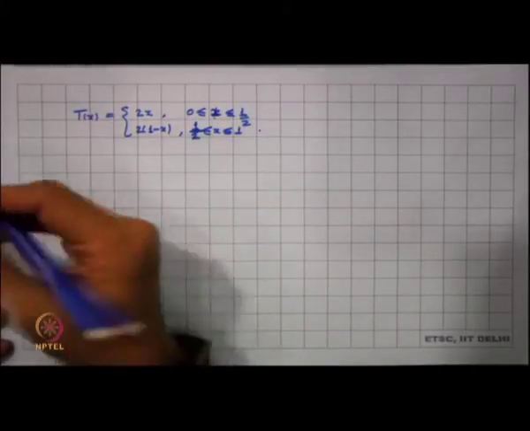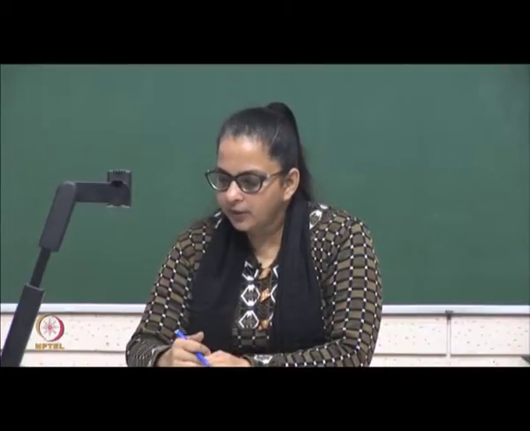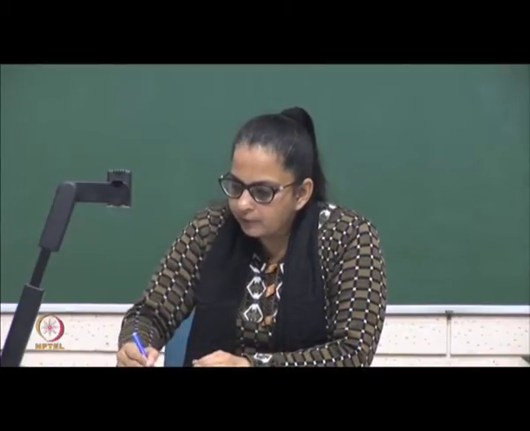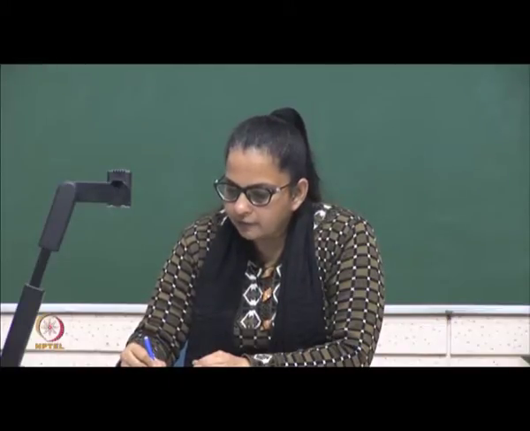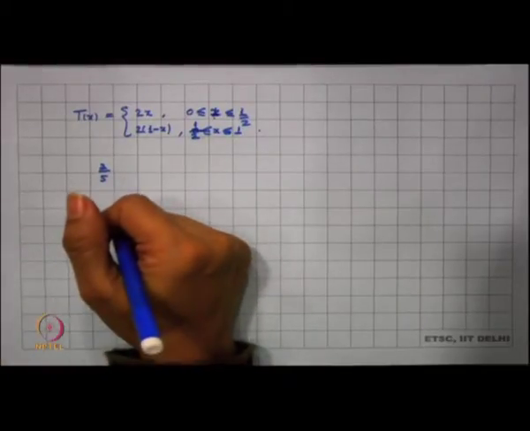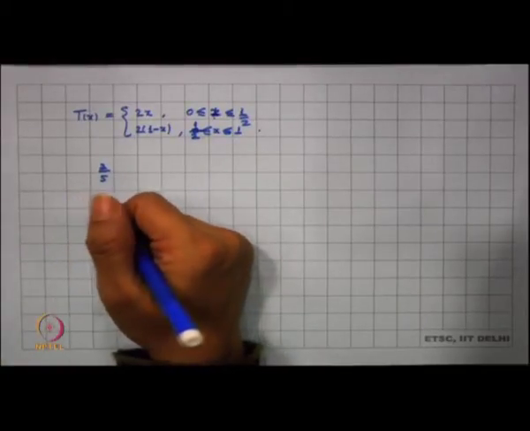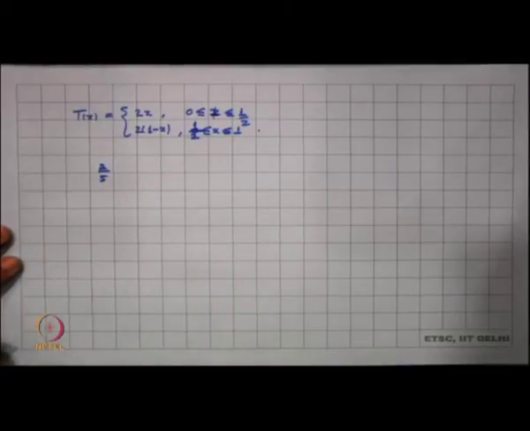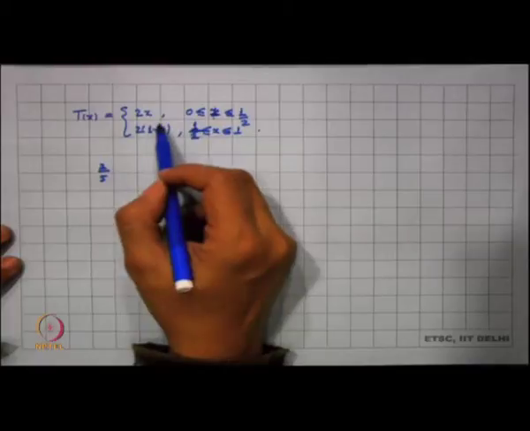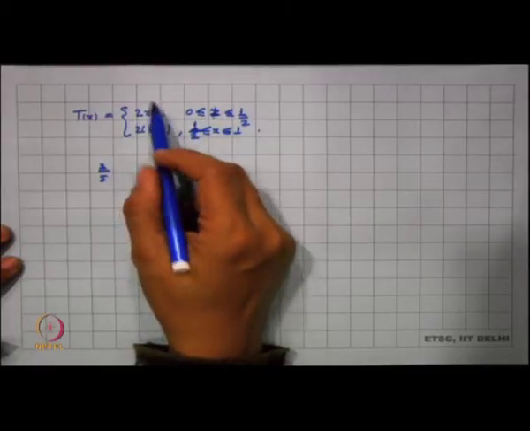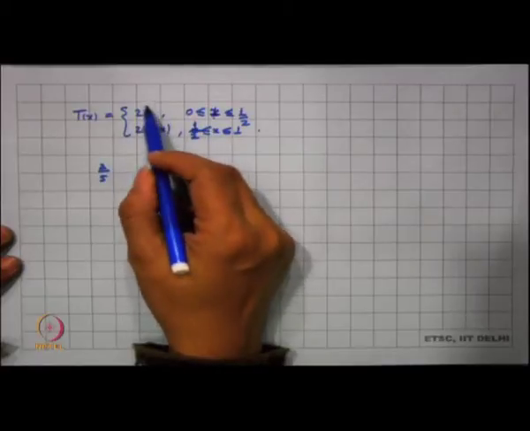A simple computation, some kind of observation, gives me that if I look into this particular point, say 2 by 5, then what happens to 2 by 5? Now 2 by 5 lies in the first half, and in the first half the value of the function is 2x.